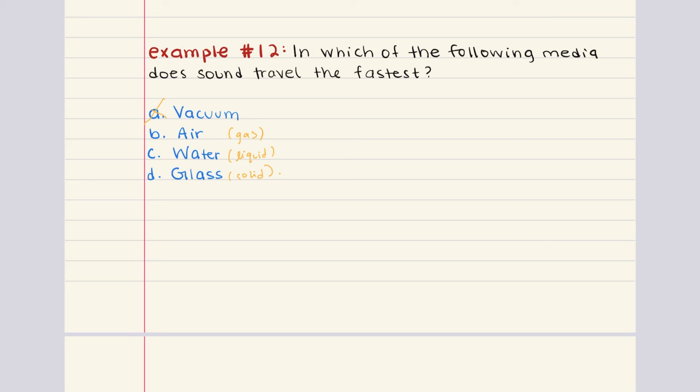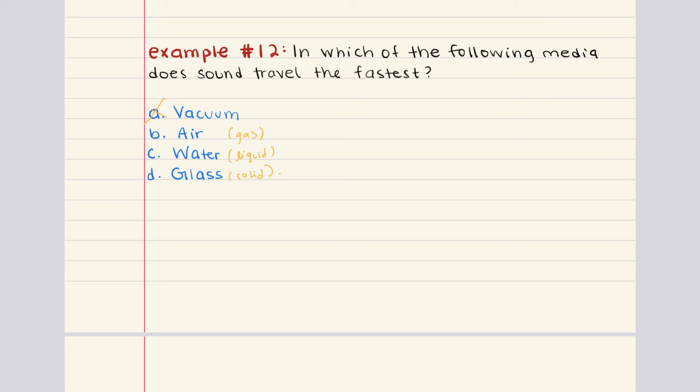Now, B says air, which is a gas, C says water, which is a liquid, and D says glass, which is a solid. The speed of propagation is fastest in solid materials, followed by liquids, and then it's the slowest in gases. And the reason for that is because the speed of sound depends on two main factors, the density and the elasticity of the medium.